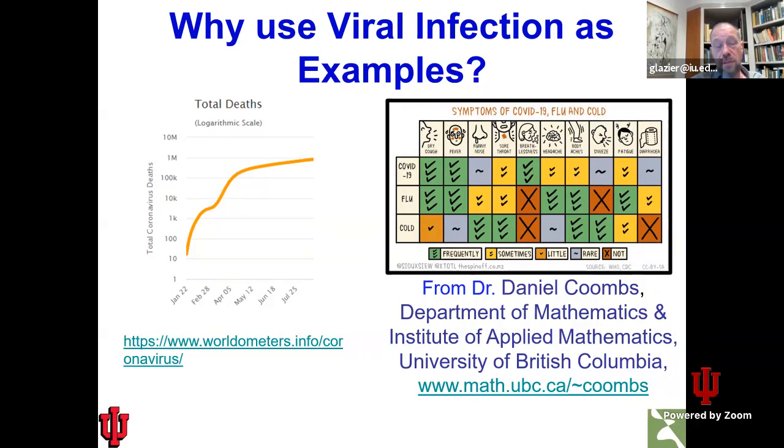COVID is, of course, a virus. It has many similarities with other respiratory viruses like flu or the cold. The cold is typically a coronavirus, so it's similar to COVID in that way. Flu has symptoms that are more like COVID.